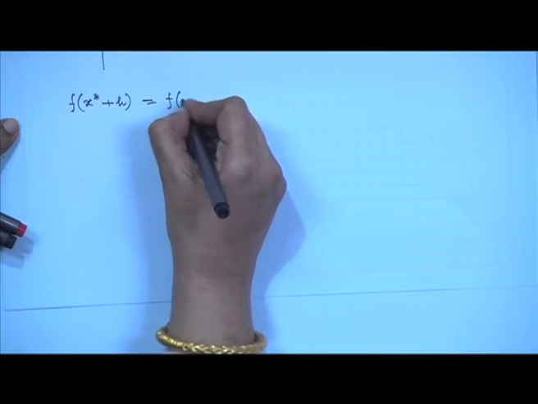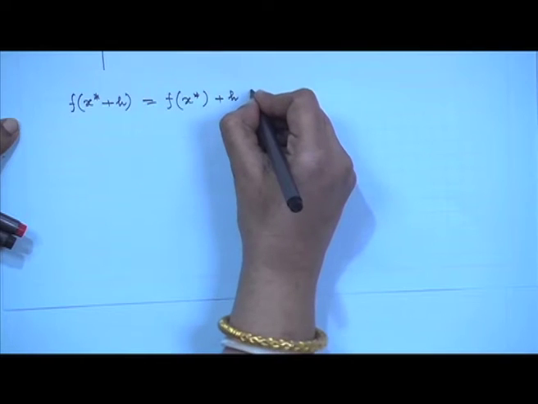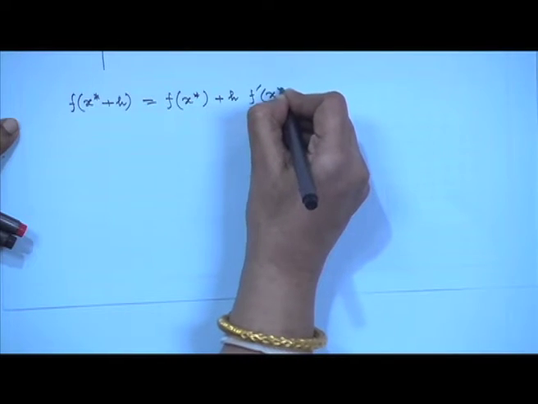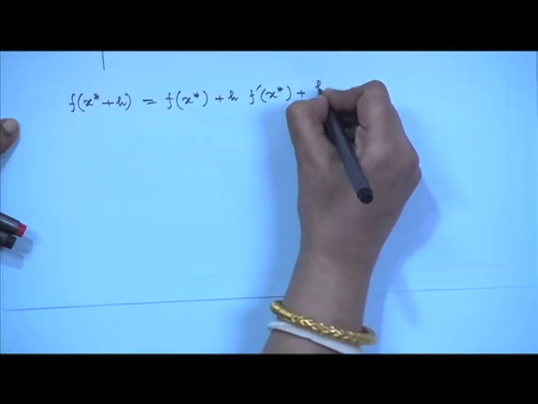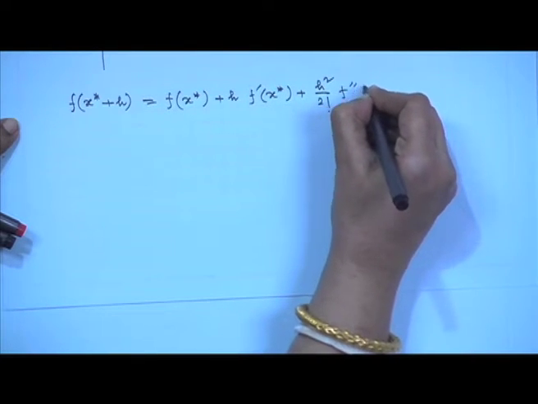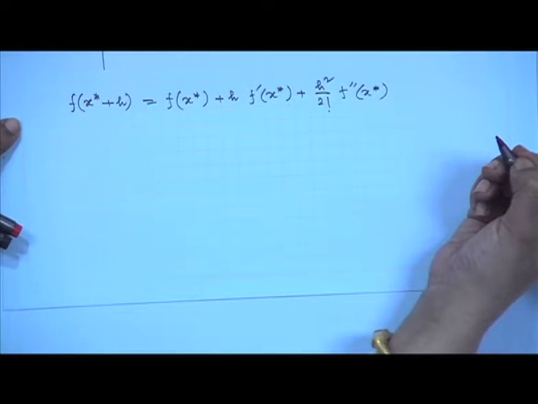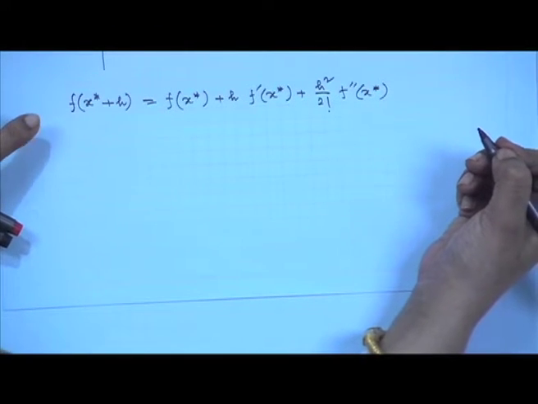How to expand it? f of x star plus h equals f x star, plus h f prime x star, plus h square by 2 factorial f double prime x star, and we are considering Taylor's theorem where there is a remainder term after the nth term.